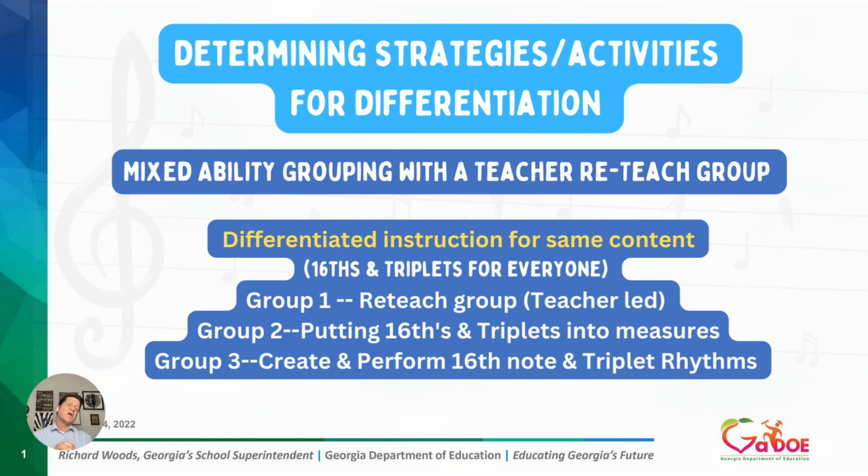You could still do it depending on your room, but you might have more flexibility when you do the mixed ability grouping. So you will know what works best for you. You're the expert on your students and the expert in your classroom. So once you figure out how that works best for you, it'll work super well for you and for your students.